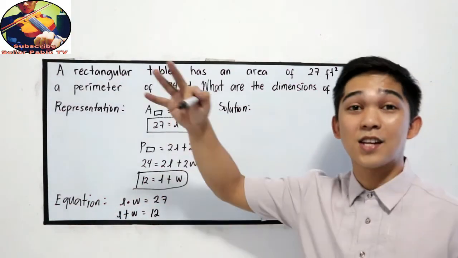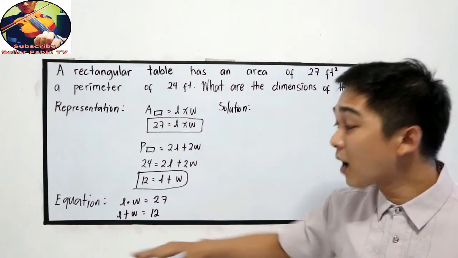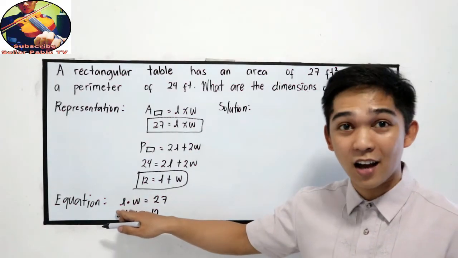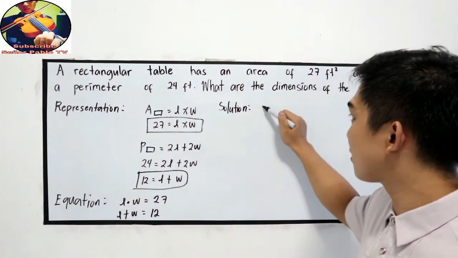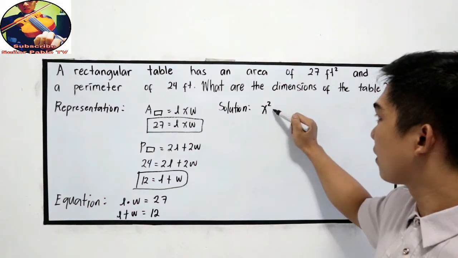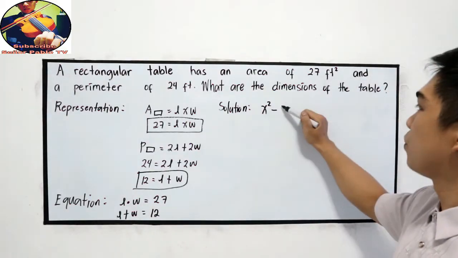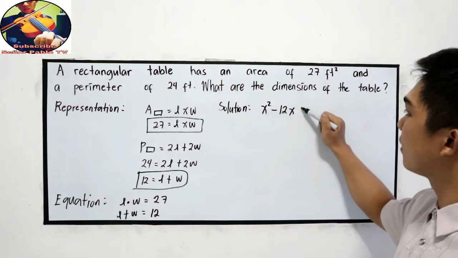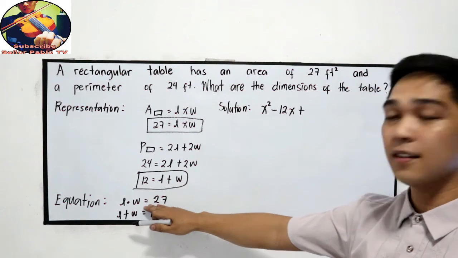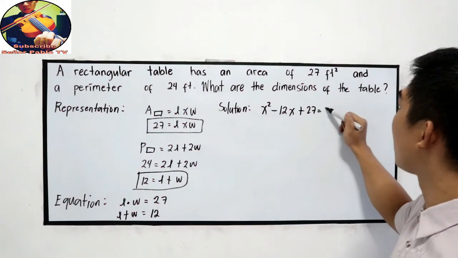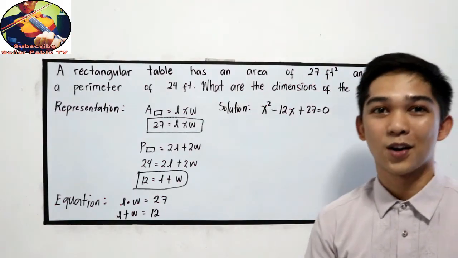So, sa previous lesson natin, na-discuss natin na makakagawa tayo ng equation gamit yung ating sum and ating product. So, x squared minus yung ating sum, which is 12x, plus yung ating product, which is 27, is equal to 0.